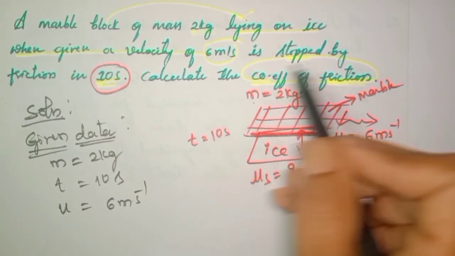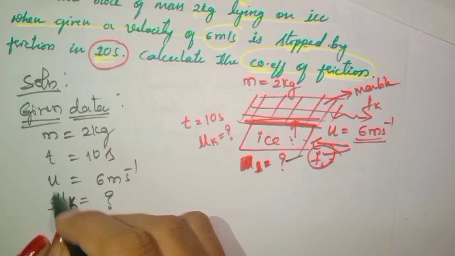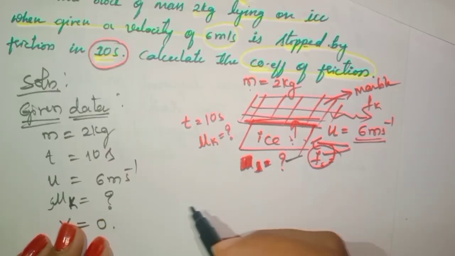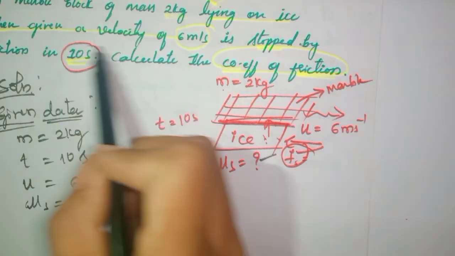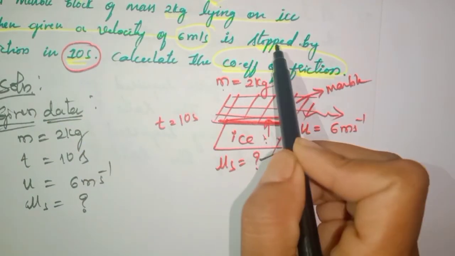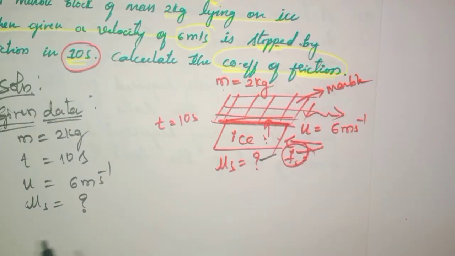What else they had given? Nothing else. What do you need to calculate? Which is mu k is equal to question mark. And one more thing here, what is happening to this block? It is getting stopped, right? So when it is getting stopped, what is its final velocity? That we will write as v is equal to 0. Final velocity is 0.